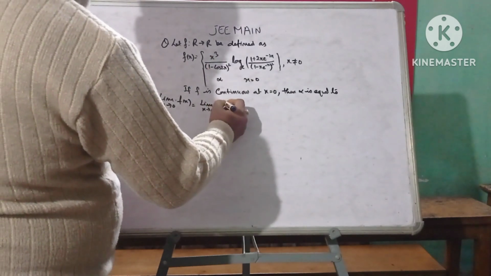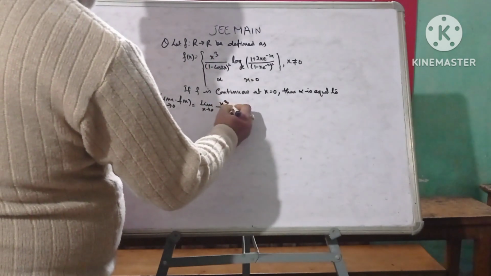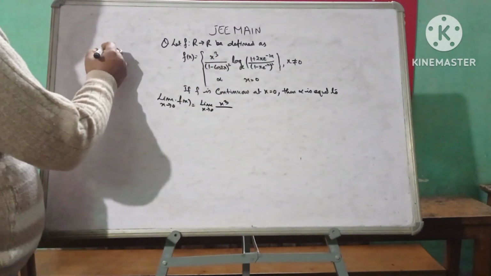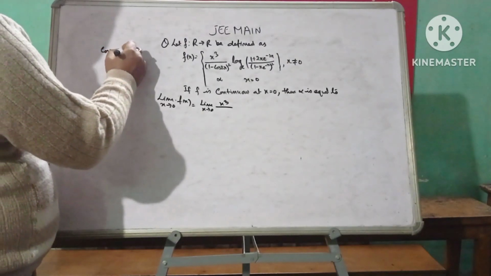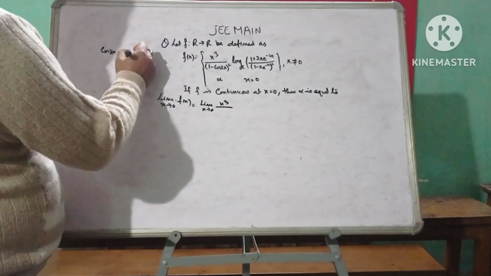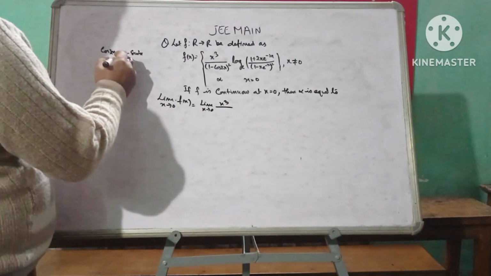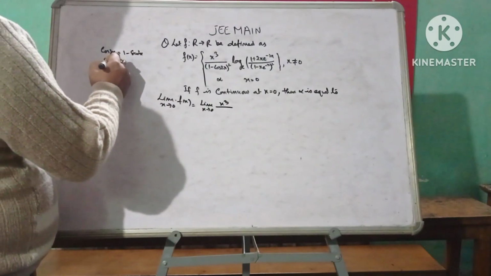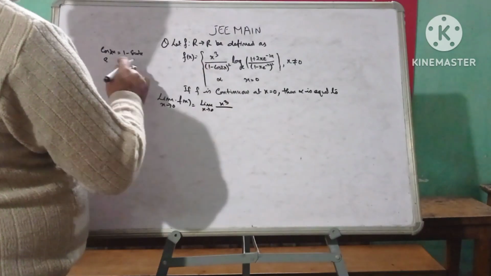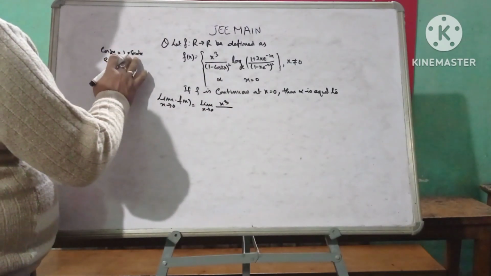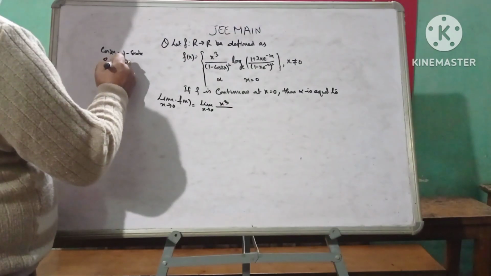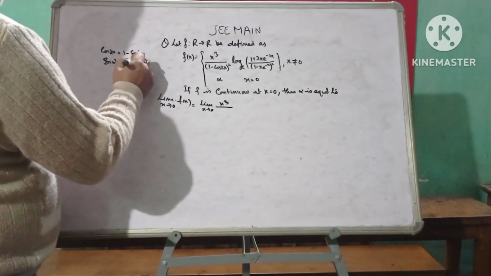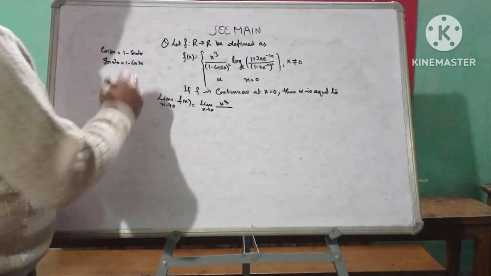This is x cube by 1 minus cos 2x. Here cos 2x is equal to 1 minus 2 sine square x, so sine square x is equal to (1 minus cos 2x) by 2.